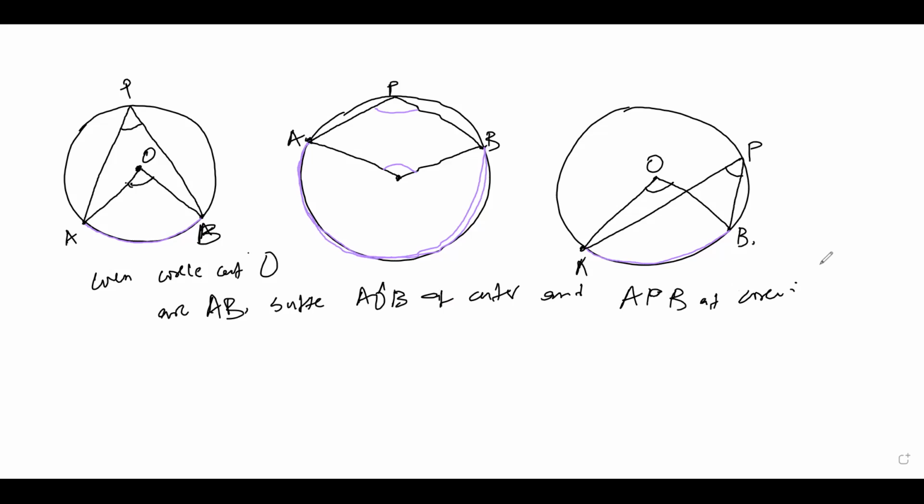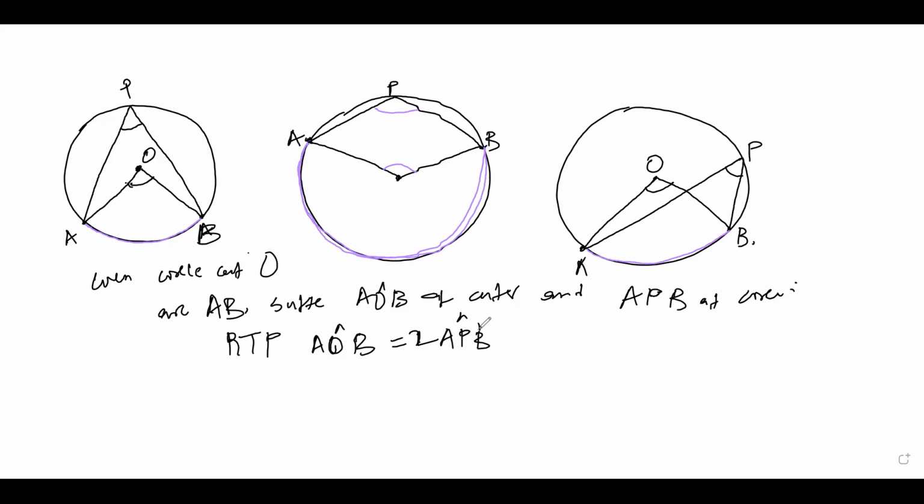So this is applicable to all these diagrams. One is at the center, the other one is at the circumference. You are required to prove that the angle at the center is twice the one at the circumference.